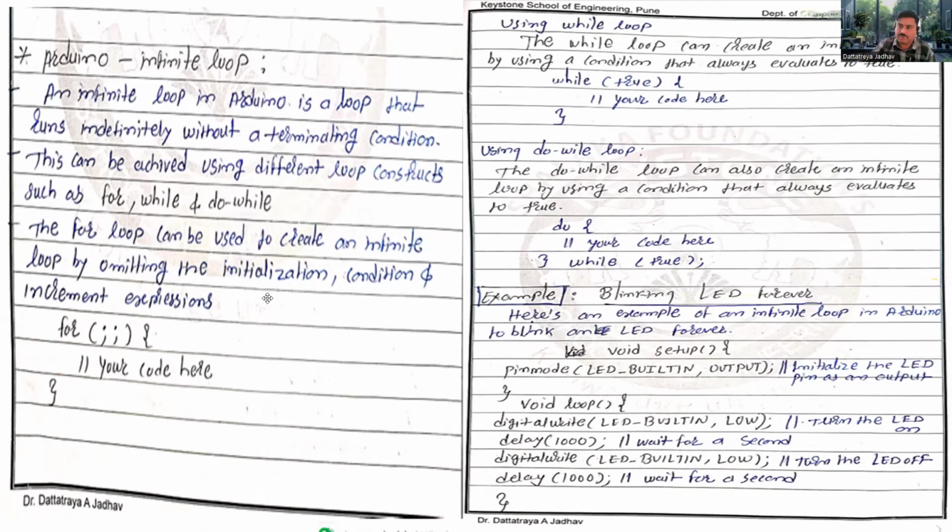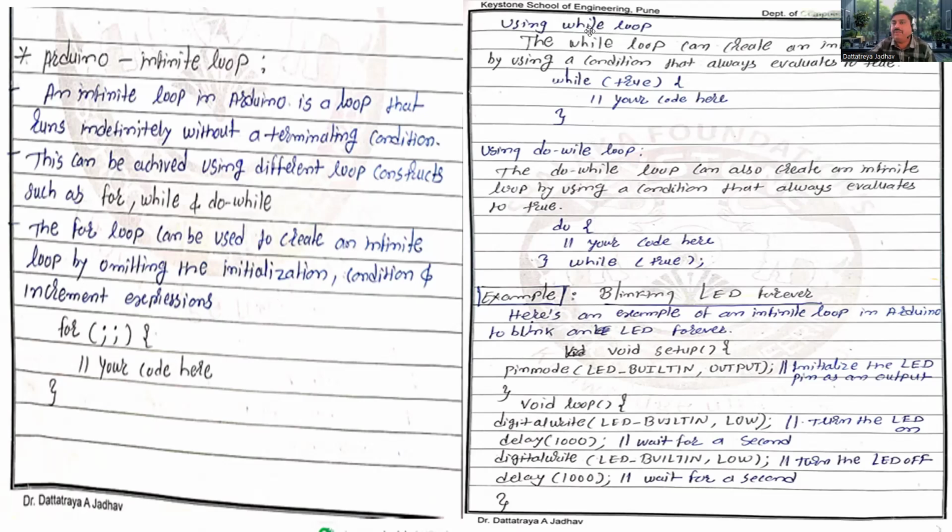Just look at for in brackets: your for loop will continuously go on as an infinite loop. It runs infinitely without any initialization and without giving any condition, so it is executed continuously.